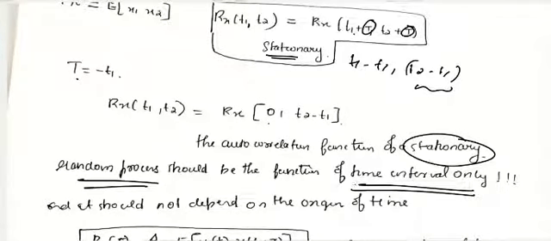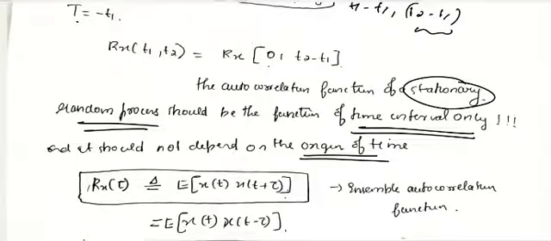We have already studied that in a stationary random process it depends upon the time interval only, and it should not depend upon the origin of time. In the previous section we studied that in a stationary random process the PDF does not depend upon the origin of time; it depends only upon the time interval.